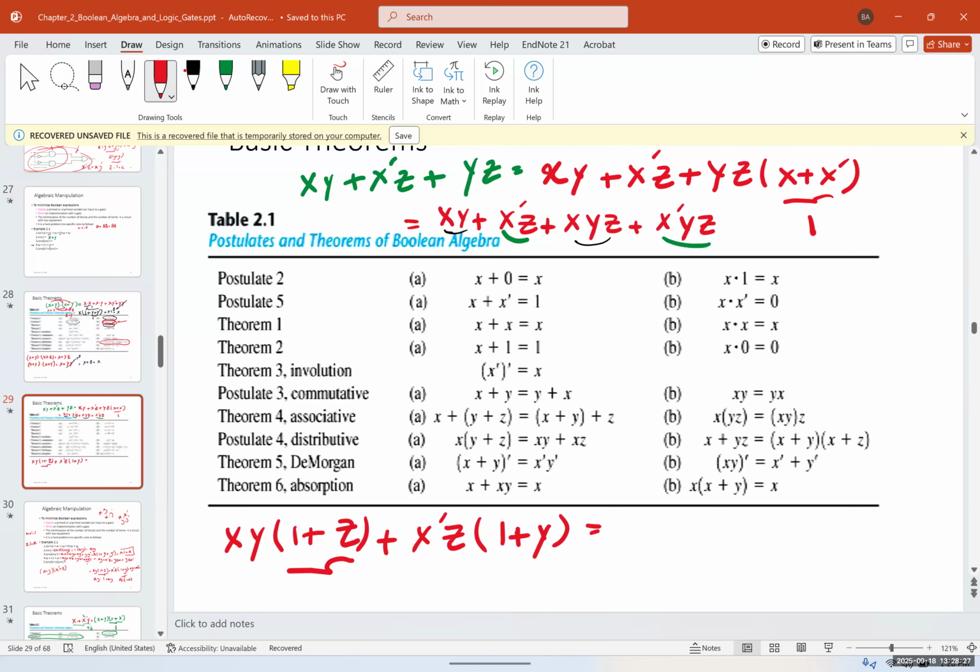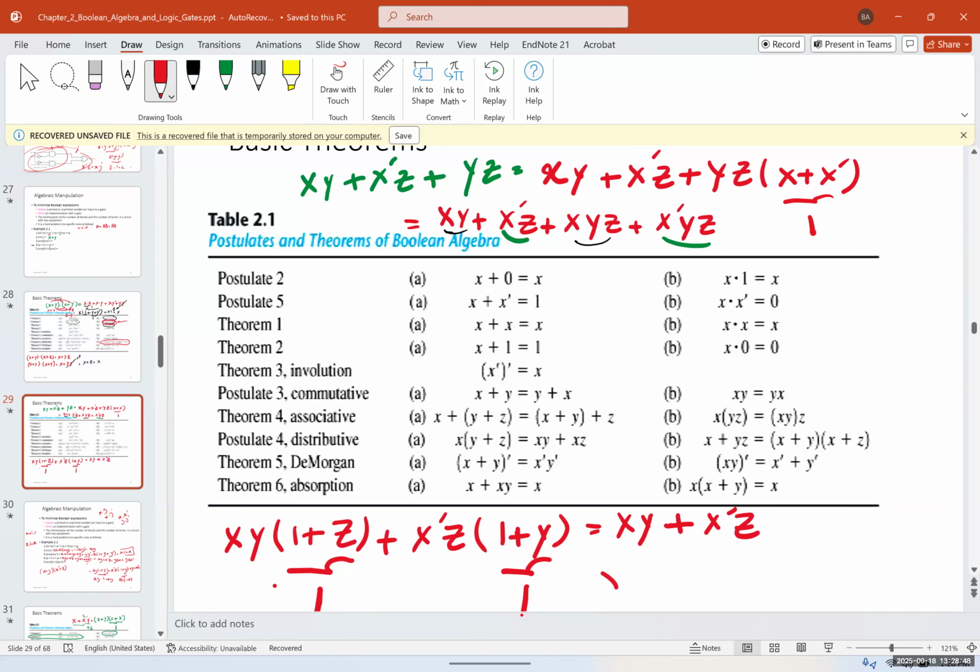So anything plus 1 would be equal to what? 1. So 1 plus z is equal to 1, and 1 plus y is also equal to 1. And anything multiplied by 1 gives us the same literal. So it's going to be xy plus x prime z.